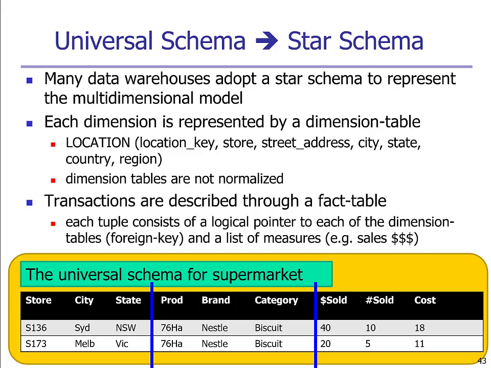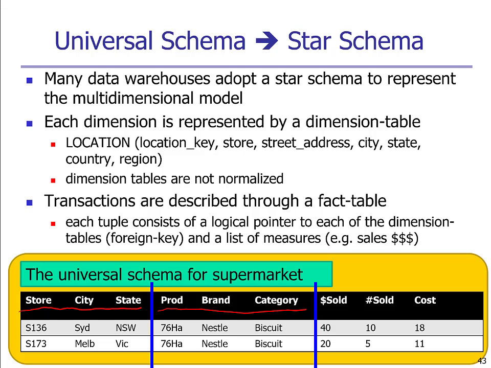So store, city, and state all belong to location information, or a location dimension, if you like. And product, brand, and category belong to another dimension, maybe called product.